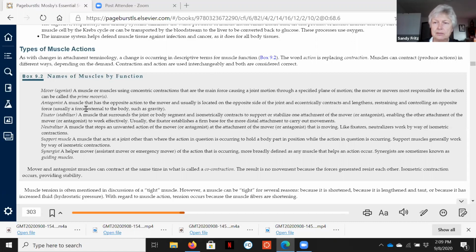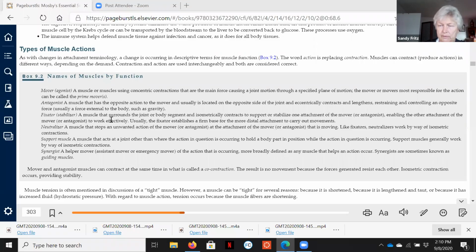And every muscle can do these things, every one. Sometimes they are designed so that they're a little better at one activity than another, but these are things that the muscle does. It can be a mover, it can control movement, it can stabilize, it can direct the movement, keep it from floating over one direction instead of the other. It can act as a part of the stability function around a joint, and it can be a helper.